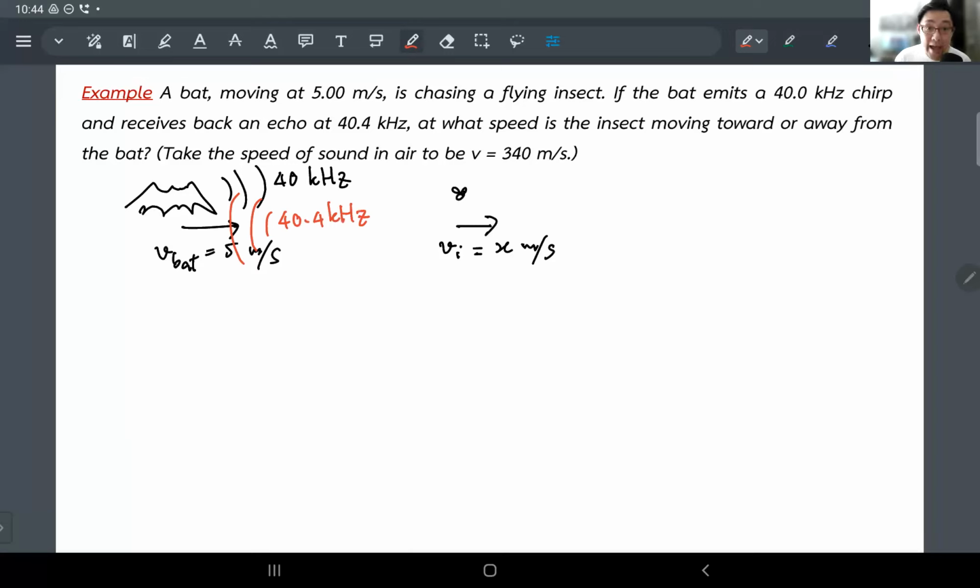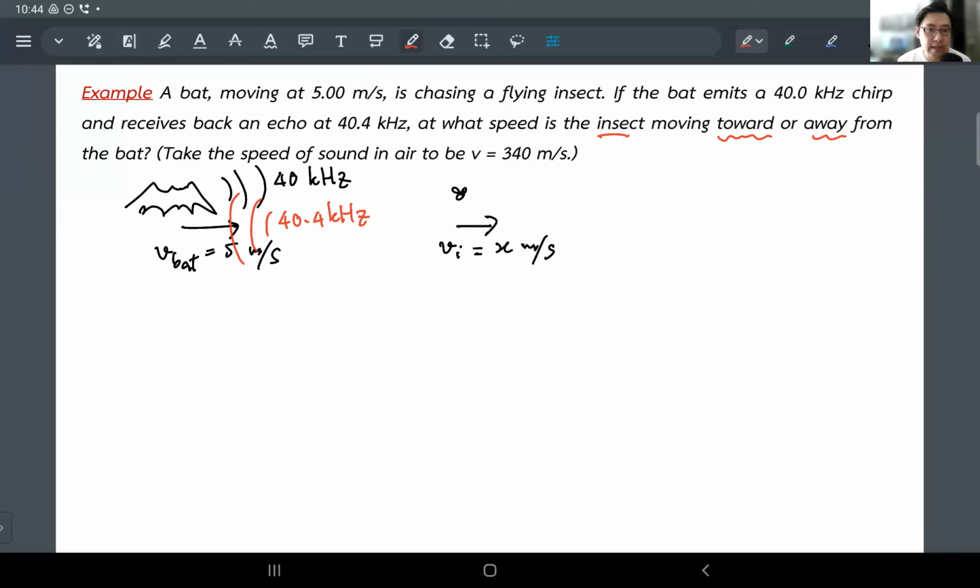Now, the question asks you to figure out the speed of the insect. And even though it's chasing, in reality, you don't really know exactly which direction the insect is moving. So that's why the problem asks you, is the insect traveling toward or away from the bat? Wow. You want to give it a shot?